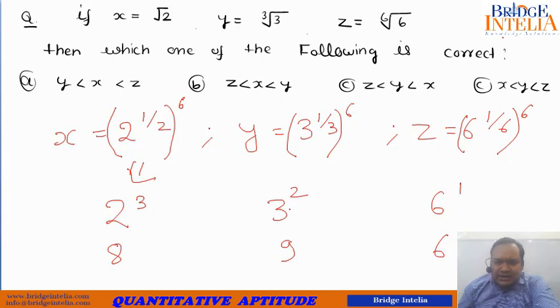The greatest is 9, which is the transformed case for y; 8 is the transformed case for x, and 6 is the transformation of z. So it is pretty evident that y is greater than x, which itself is greater than z. So y, x, z is the correct sequence. This is the correct answer.